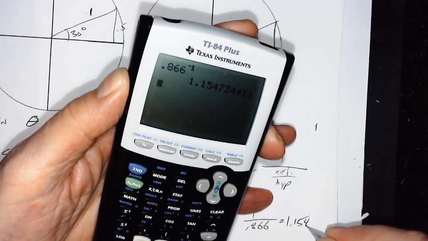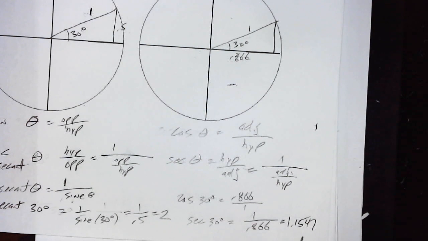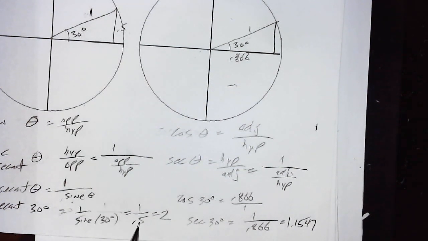So that's the secant of 30 degrees, and that's the cosecant of 30 degrees. But I needed to give you the idea of what the cosecant and the secant is. But now let's solve problem number 8.